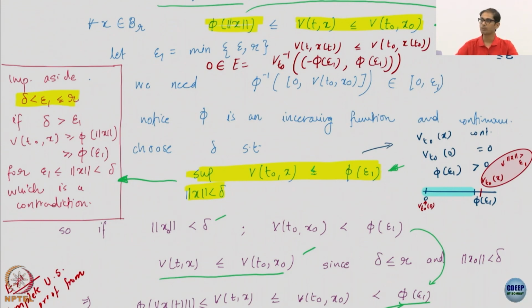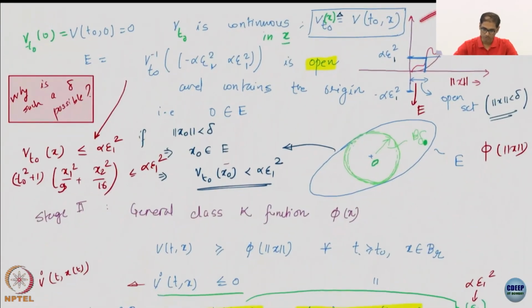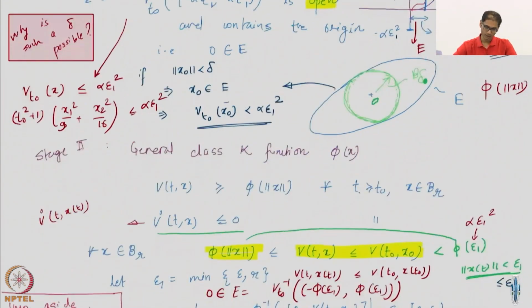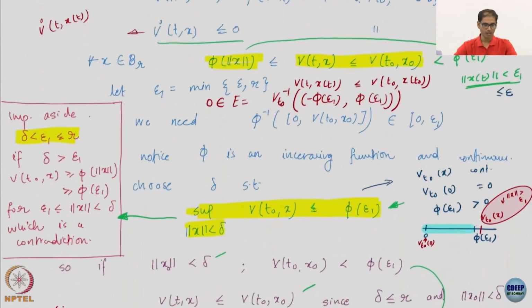I mean, you started with an open set, then you took inverse of the open set using a continuous function, so you got another open set. So all of those things, some of which I illustrated with pictures like this, were also involved, okay. So this epsilon delta business is completely a game of finding these open sets, alright. So that is what we were trying to do, because we do not have a structure for V itself, nor do we have the structure for the differential equation, yeah.